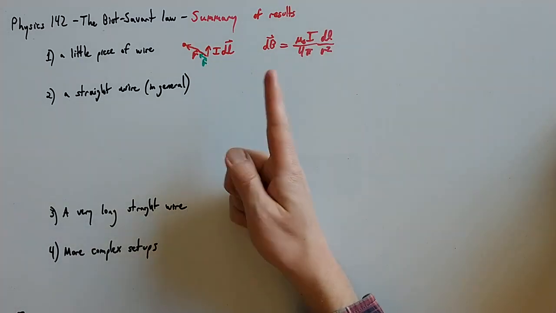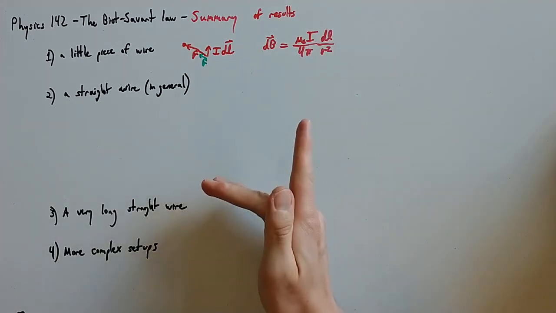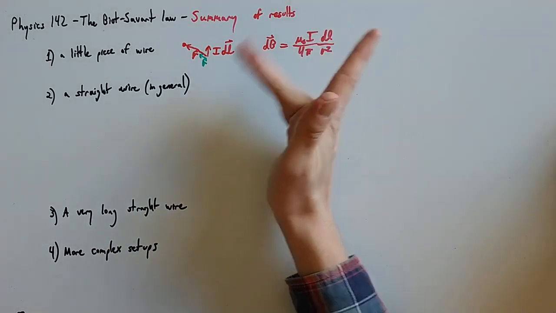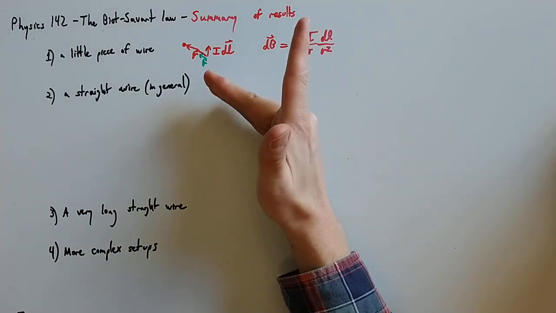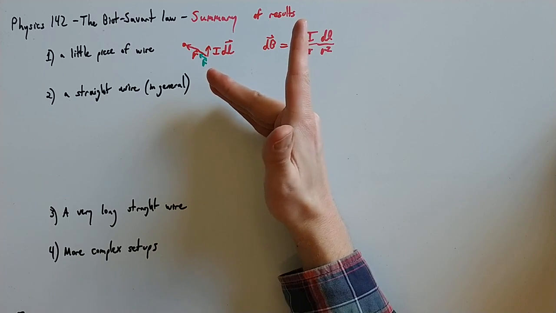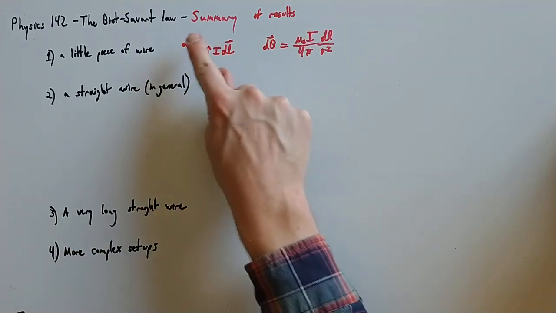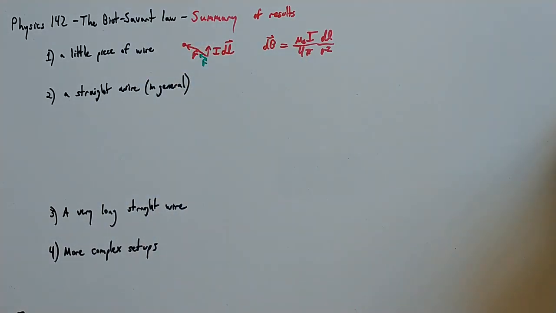Point with your finger along I dl, curl your fingers to the r hat vector, and my thumb would then be pointing up out of the page. And so in this particular example, I would get out of the page.